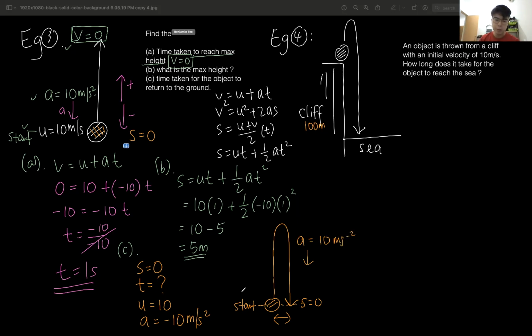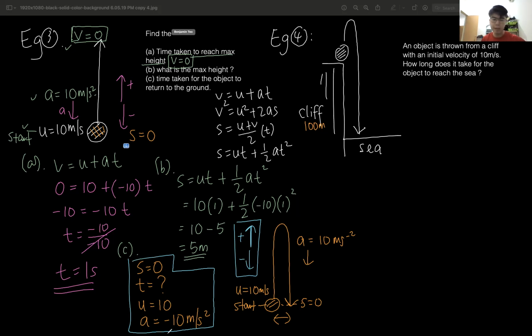And then also we got the initial velocity 10 meter per second. 我的方向在哪里？我的方向 positive 在哪里？我 initial 的 direction 是什么？丢上去，所以是向上。过后它下来，我们不用理那个，我们只是看我的 initial 的 movement 在哪里。所以我就直接用上面是 positive, 下面是 negative. Okay, so that's how I get all this. S is 0, U is 10, and A is minus 10.